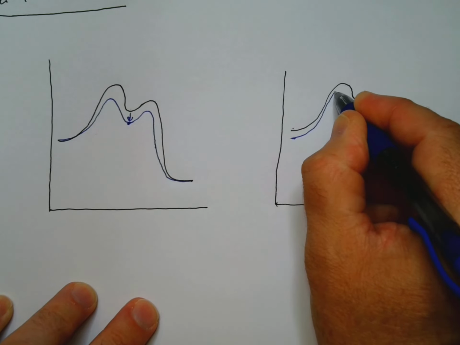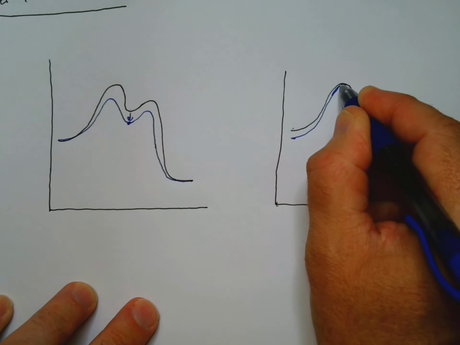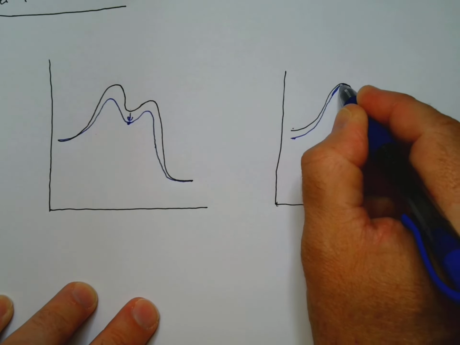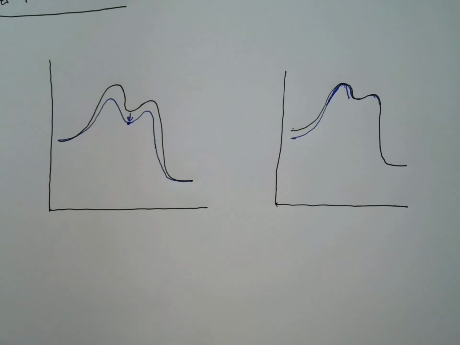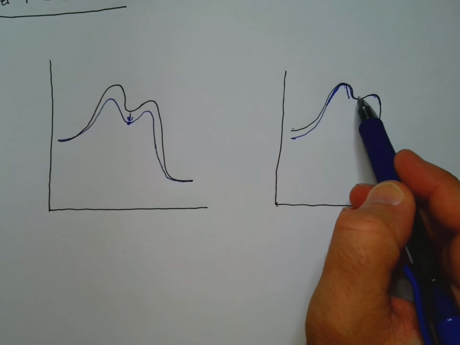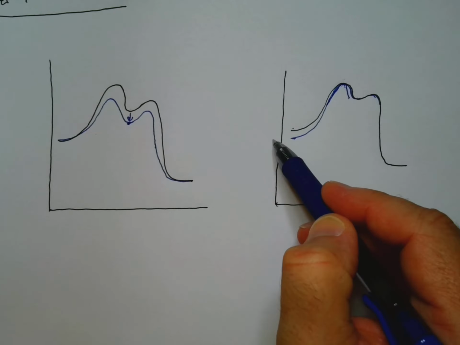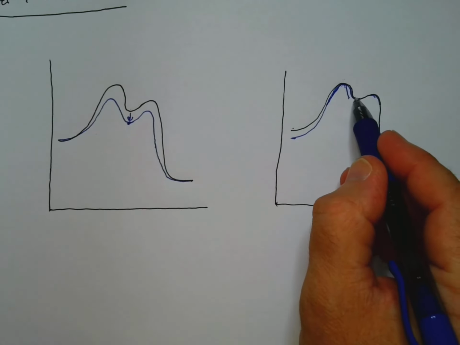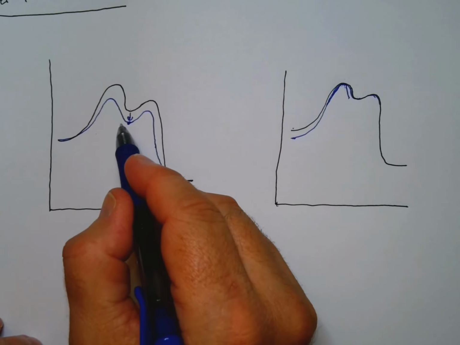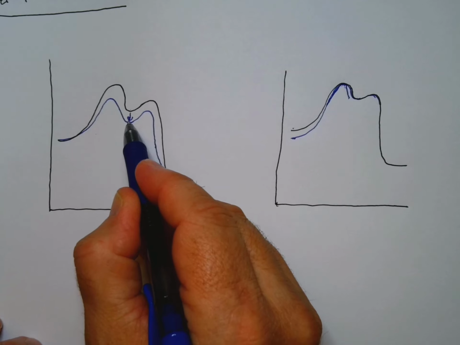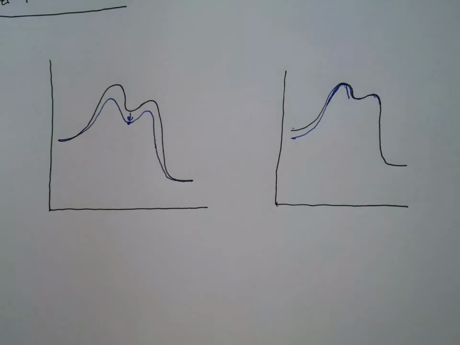That would actually not affect the peak and the rest of this graph that much. Okay, and that's because the structure of this transition state is a lot closer to the structure of the intermediate than it is to the starting material. So, if you generate a more stable intermediate, it means you went through a more stable transition state to get there. And that's really what the Hammond postulate is about.